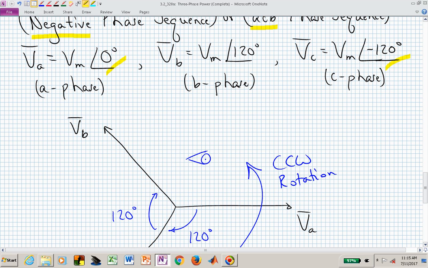But if we are sitting here watching this with our eye, this rotating around, then we will see the A phase, then the C phase, and the B phase, or this is now the negative phase sequence.